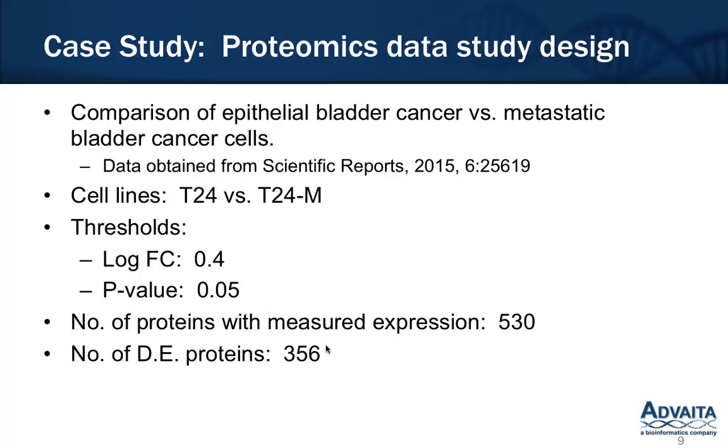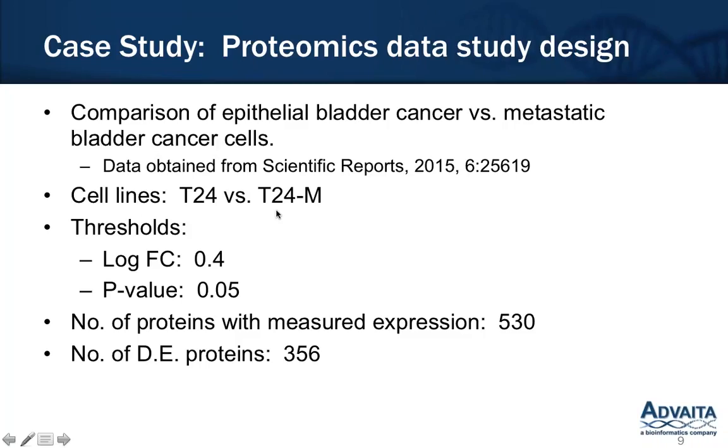So for the proteomics data, as I said, I wanted to concentrate more on the protein data in this webinar. This data was obtained from a paper that was recently published in Scientific Reports, which is a Nature journal. And in this paper, what the researchers did is that they compared an epithelial bladder cancer cell line versus a metastatic bladder cancer cell line. These cell lines were T24 versus T24M.